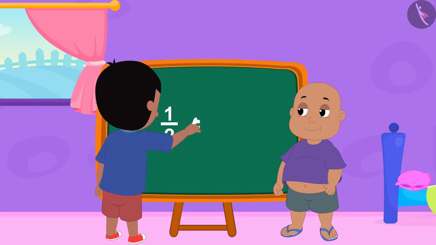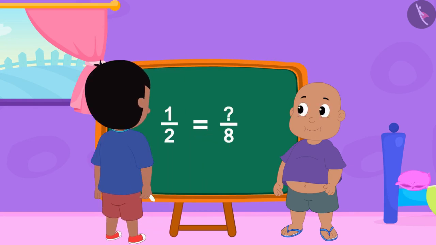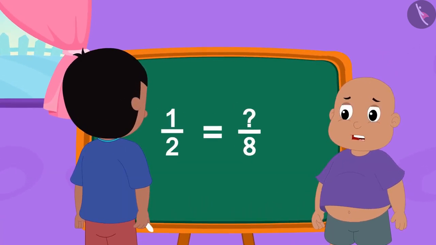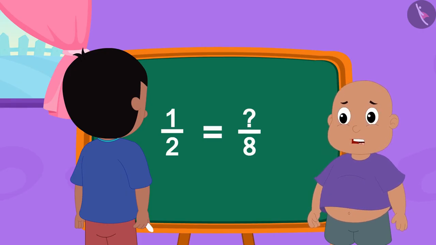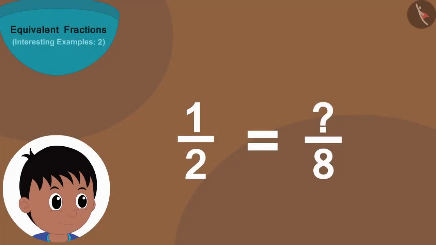Raju first wrote this fraction. Bablu started finding the fraction. Children, can you help Bablu? Raju wrote this fraction. Here, the number 2 shows how many parts of a thing are created.